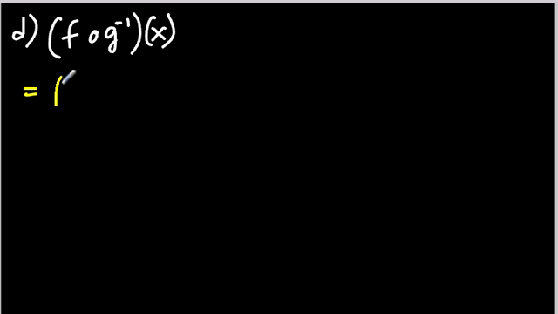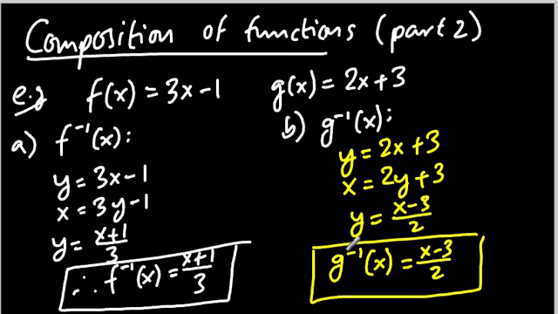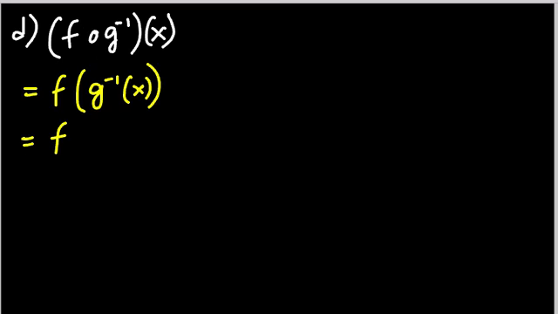This means f of g inverse of x. The g inverse goes inside. It is what f is composed of. The g inverse is equal to (x minus 3) divided by 2. So this is going to be (x minus 3) divided by 2.